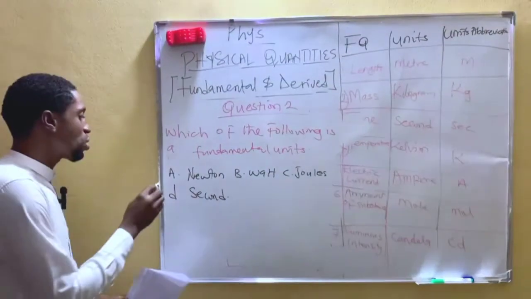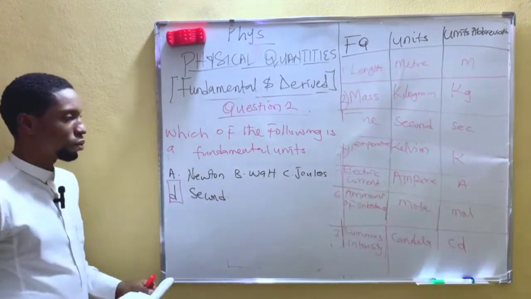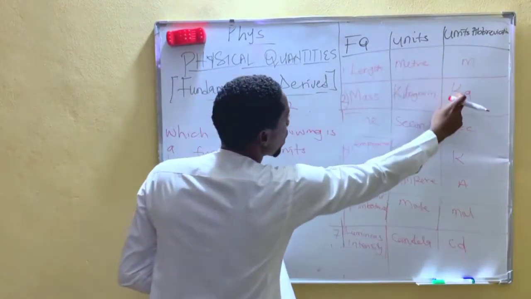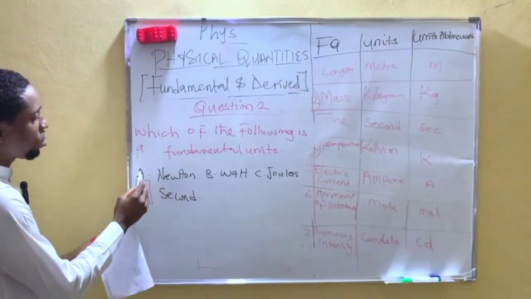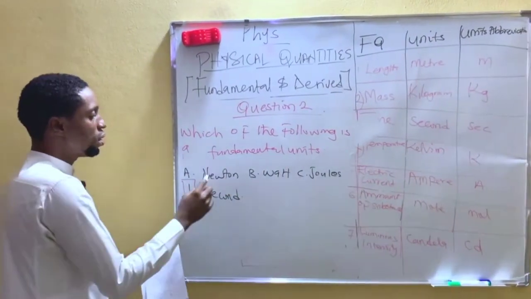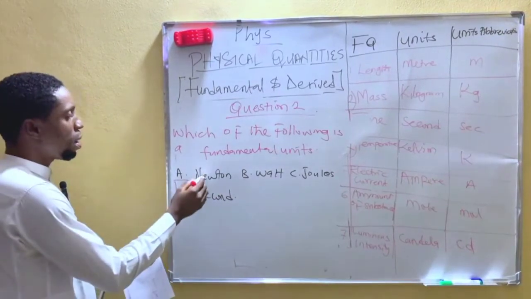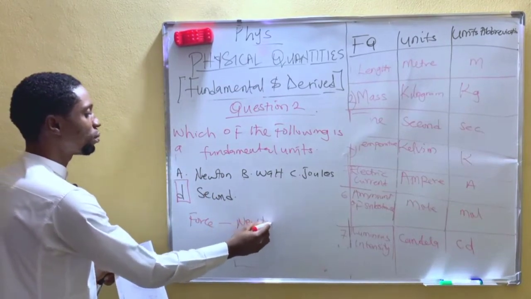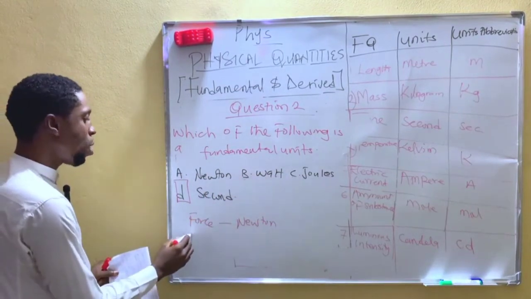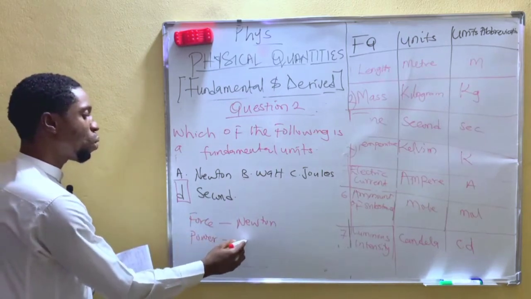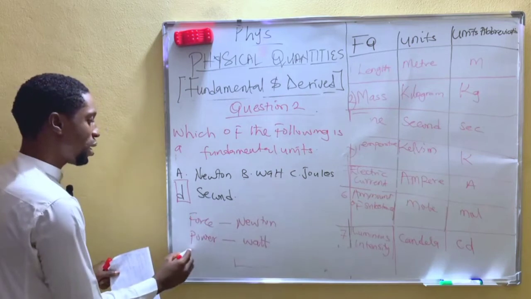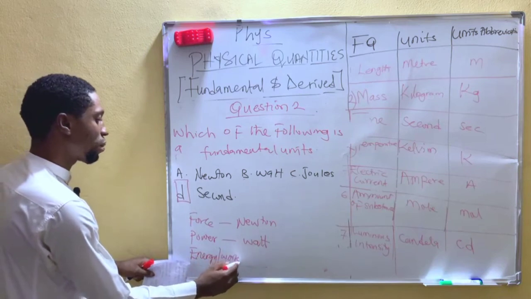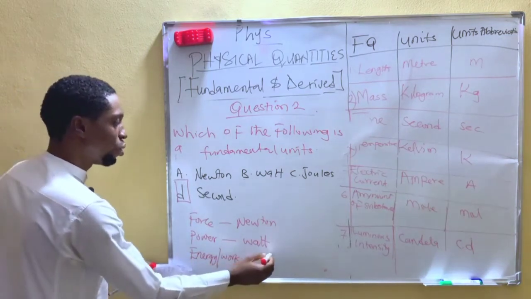So the correct answer here is option D, because second is one of the fundamental units. Options A, B, C are wrong. Why? Remember, force is measured in Newton. Power is measured in watt. And energy or work is measured in joules.